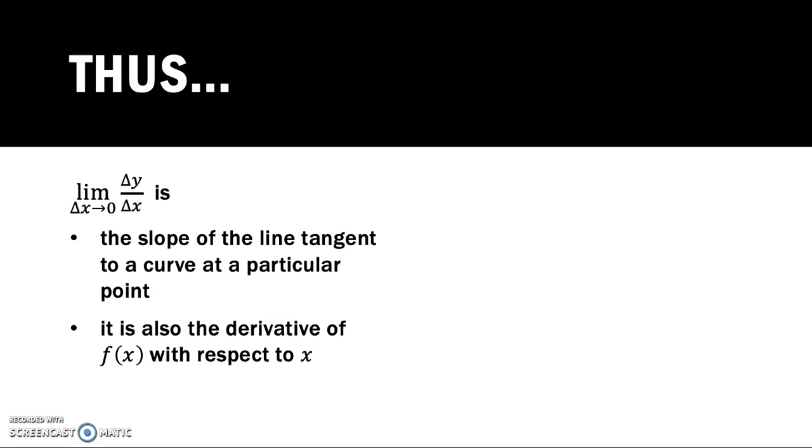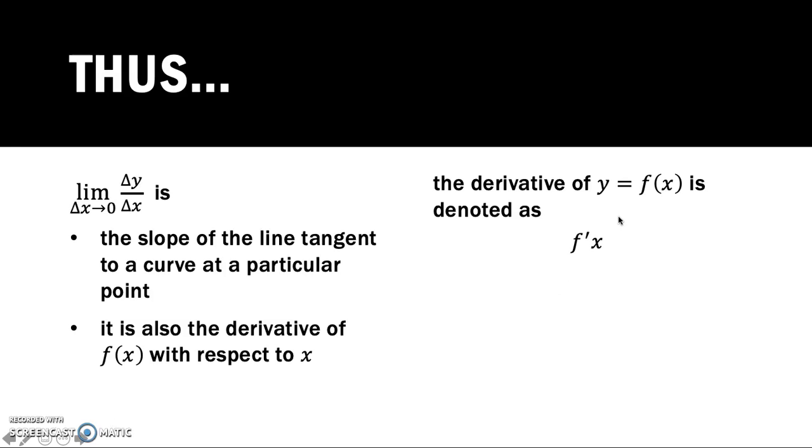So I have shown you how the difference quotient results in the derivative of a function. Thus, the derivative of y = f(x) can also be denoted as f prime of x, y prime of x, or dy over dx. This is the most general symbol for the derivative.